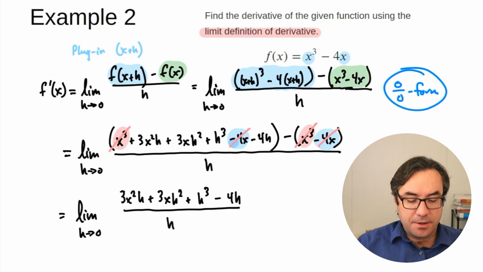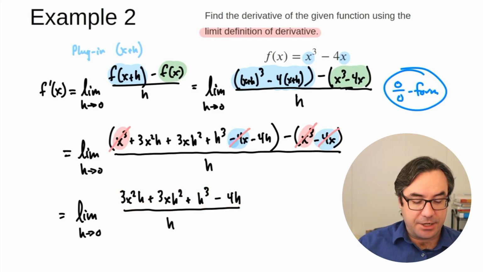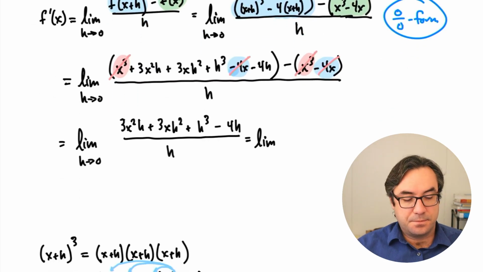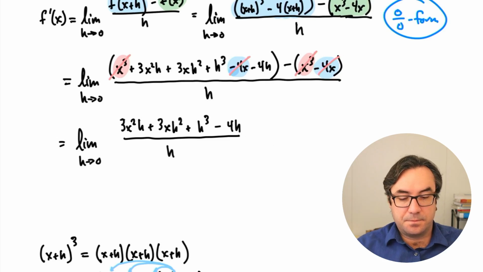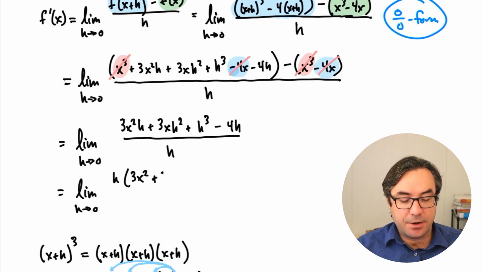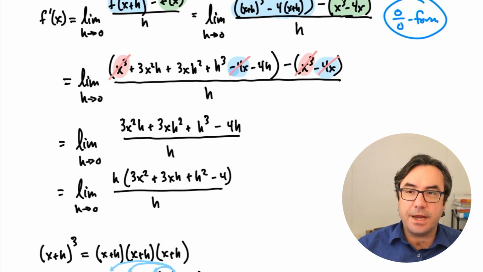If we look, all of these terms in the numerator have at least one h in them, so we can factor out an h. When we do that, we end up with h times 3x squared plus 3xh plus h squared minus 4, all over h.